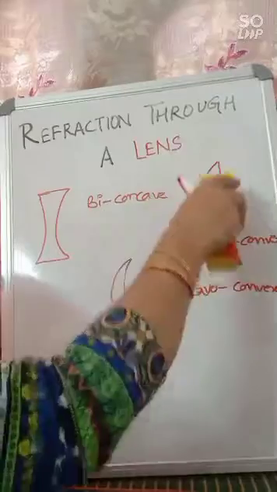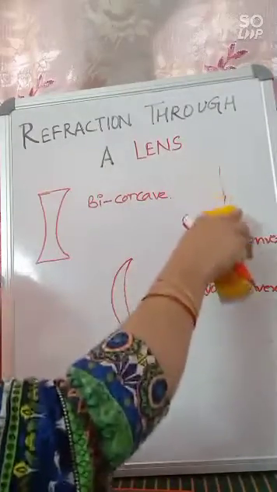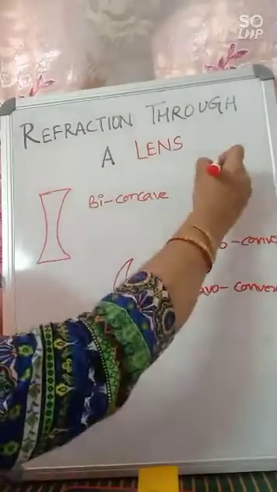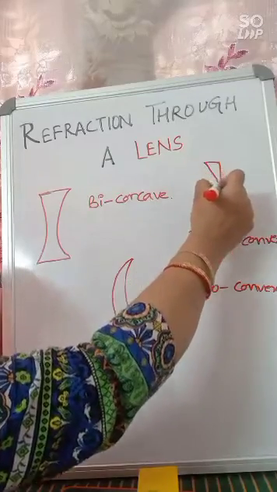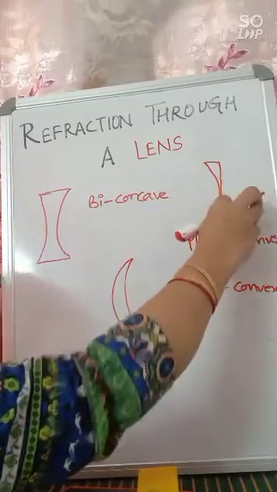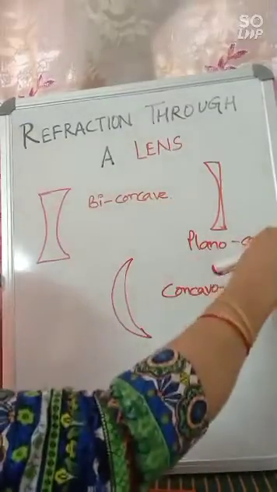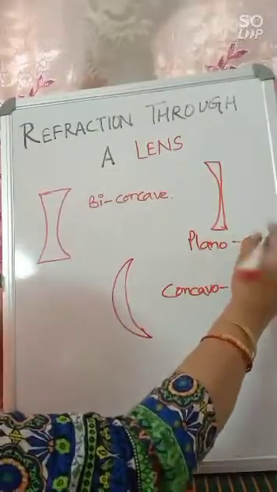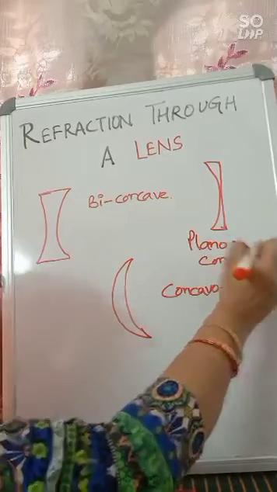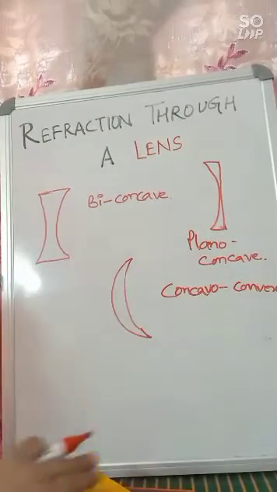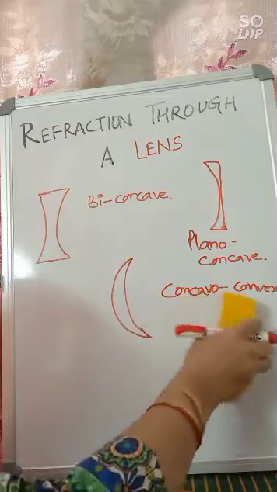This is plano and here it's simply going to be concave side. Plano-concave, right? And here this will become concave. And now the next is your convexo-concave. This was concavo-convex.